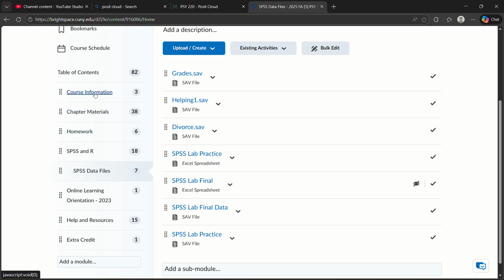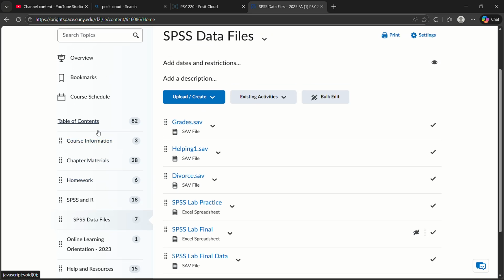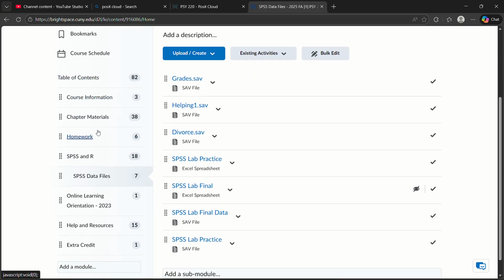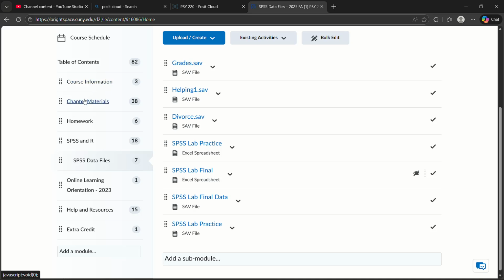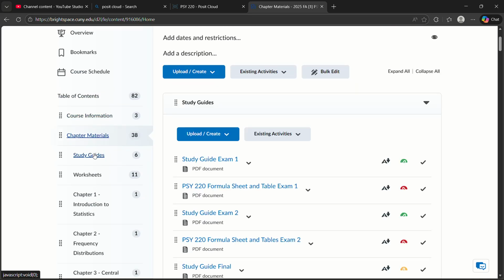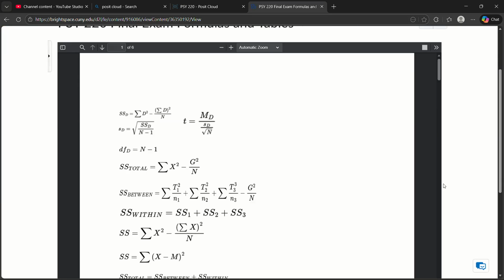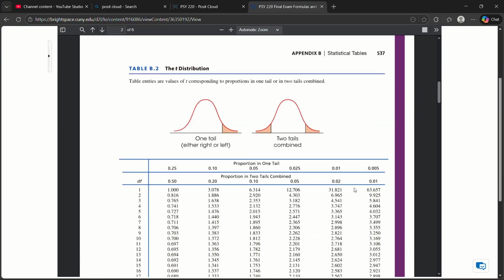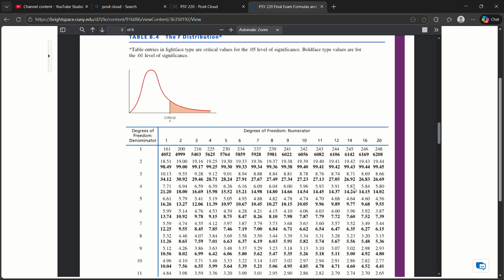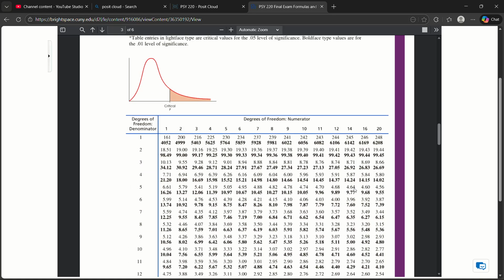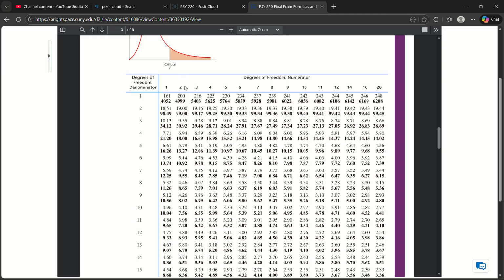So this would be under, let's see, Jobs and Materials, then Study Guides, and you have Final Exam Formulas and Tables. We're then going to look up the F distribution with 2 and 12 degrees of freedom. We're going to use alpha of 0.05 here. So 2 between, 12 within, and we get 3.88. That's a common one we've been getting a lot. 3.88 as our critical value.